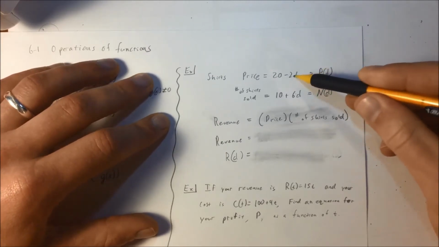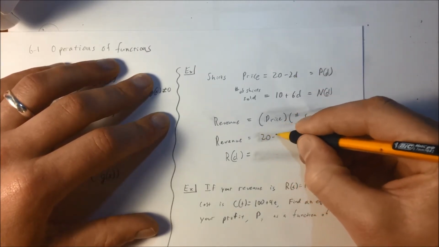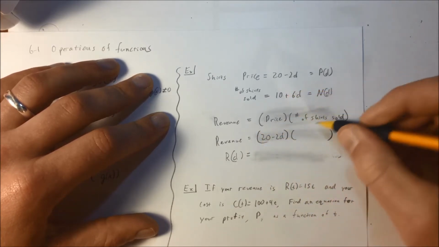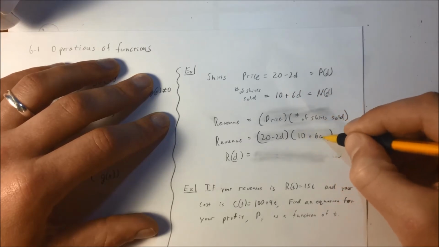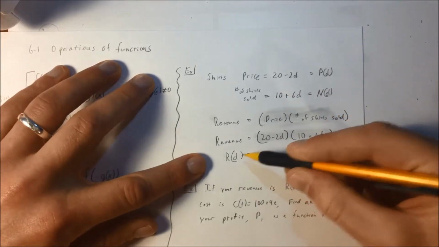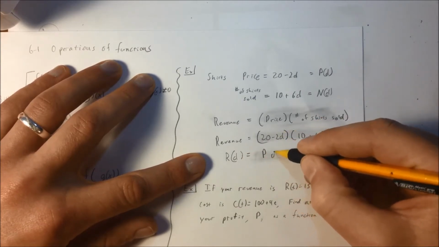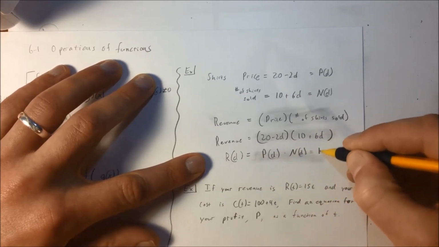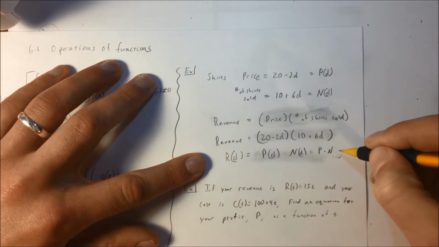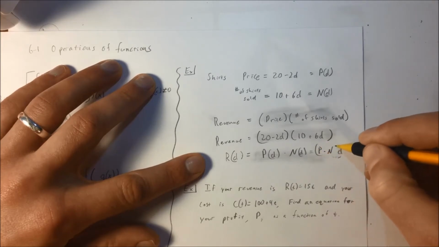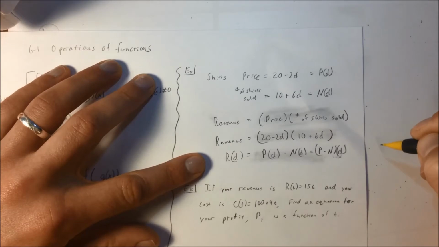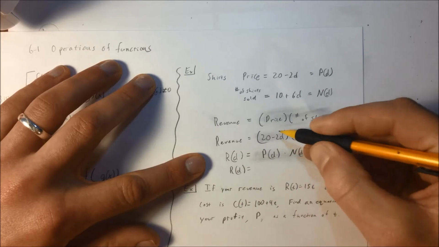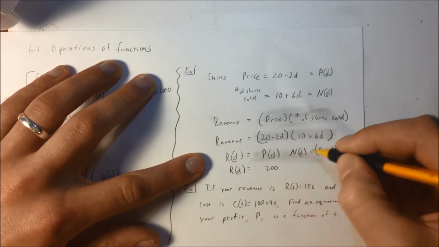Now, it turns out that we have an equation for price, so we can just plug that in, 20 minus 2D, and multiply that times 10 plus 6D. So in this case, revenue is equal to P of D times N of D. Or we can also write that as P times N of D. And if we're going to work that out, revenue is going to be equal to, well, we could distribute this, 200.